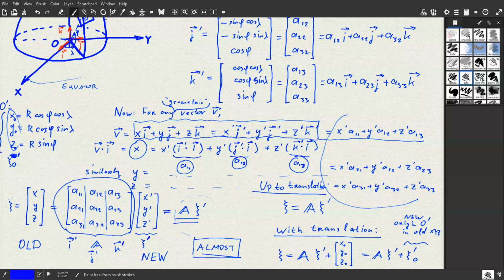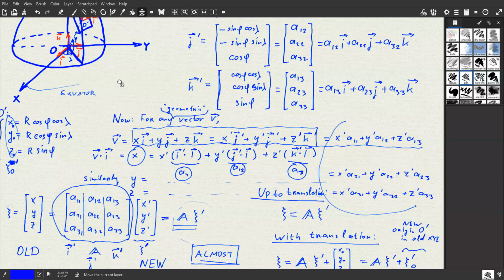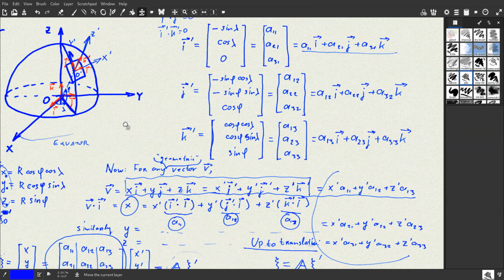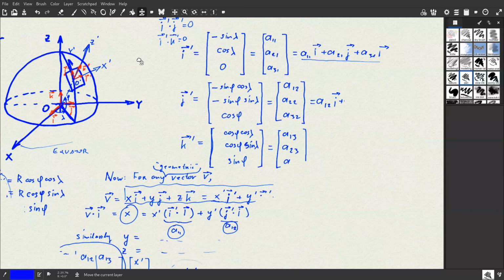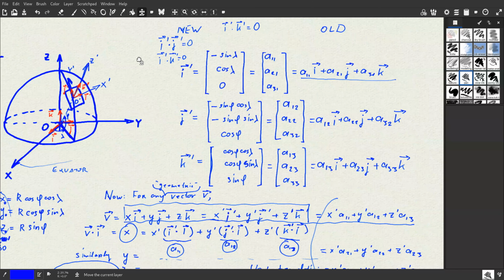So what we did, first of all, in this particular case, using mostly geometric arguments, so using projections, we constructed new normal vectors i prime, j prime, k prime in the old coordinate system. Initially it is new normal vectors i prime, j prime, k prime expressed in the old ones.